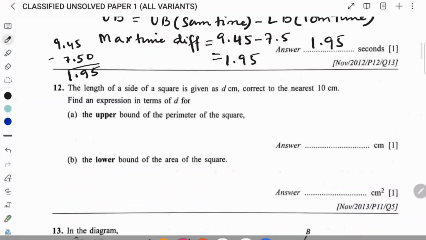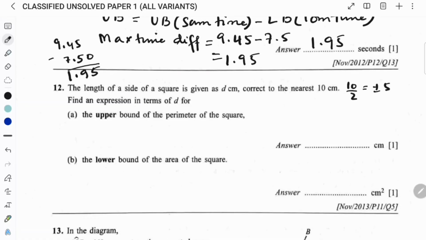In question number 12, the length of the side of the square is given as d centimeters correct to the nearest 10. 10 means 10 upon 2, which means plus minus 5. Find the expression in terms of d for the upper bound of the perimeter of the square.